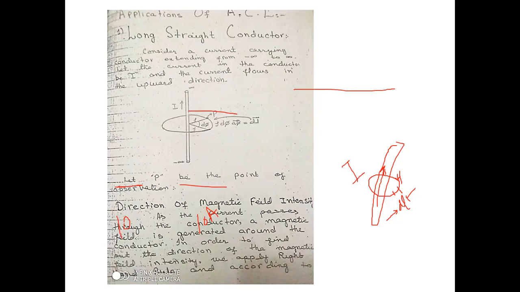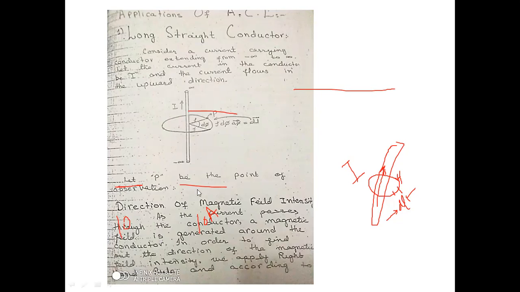Now the direction of the magnetic field intensity around the conductor can be found by the right hand rule, in such a way that the thumb indicates the current direction, and the fingers of the hand indicate the direction of the magnetic field intensity, whether it is clockwise or anti-clockwise.